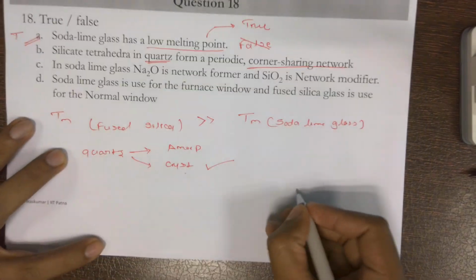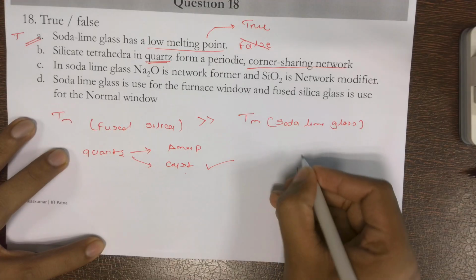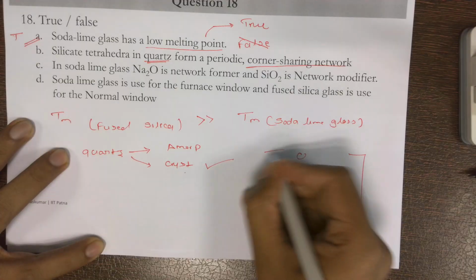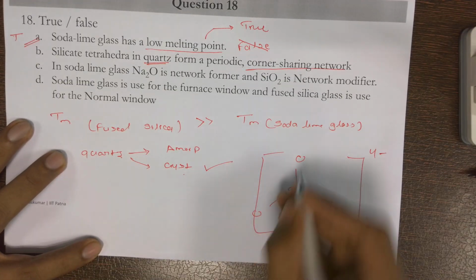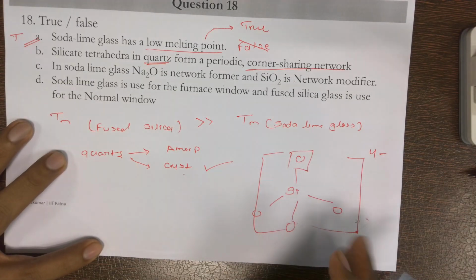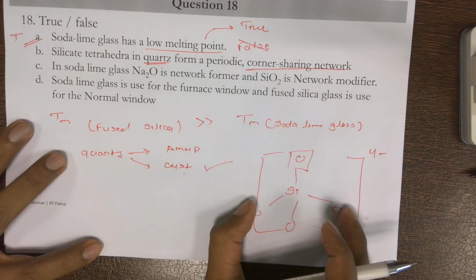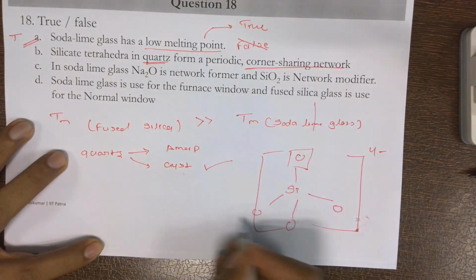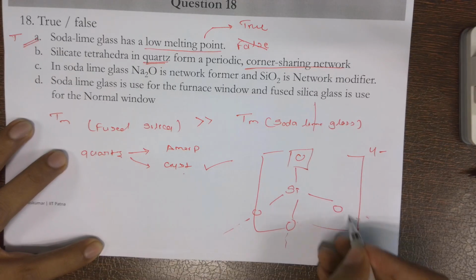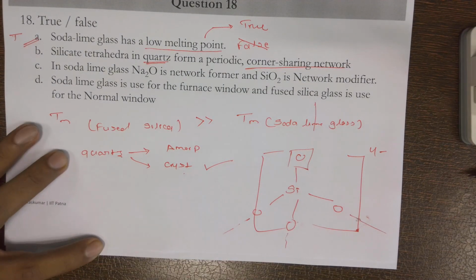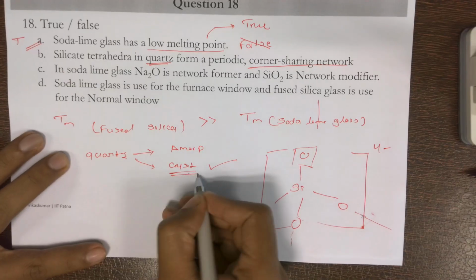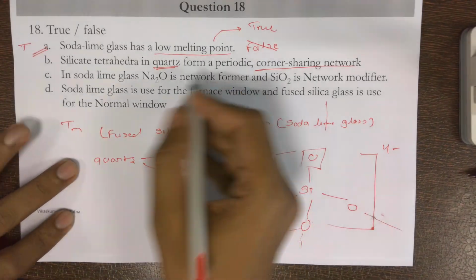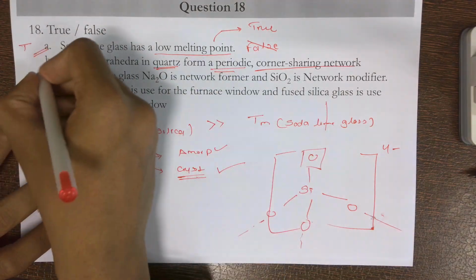For example, O, O, O. All this oxygen, this particular tetrahedra, will be shared with the tetrahedra in all directions, and they form the crystal. It's not amorphous, it's crystalline. They will have a long periodicity. The answer here is true.